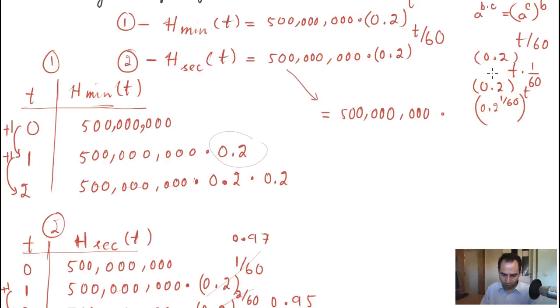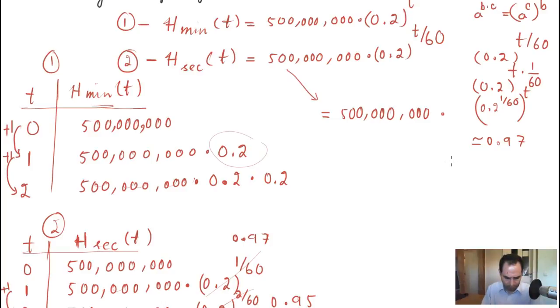So that is basically the 60th root of 0.2, which is 0.97, rounded off to 2 decimal places.